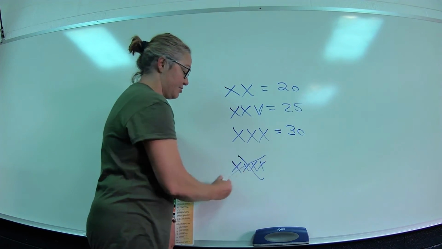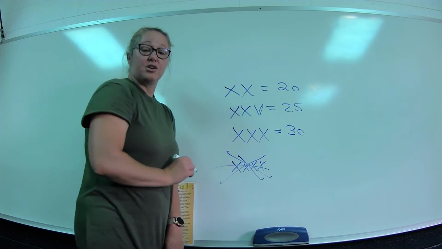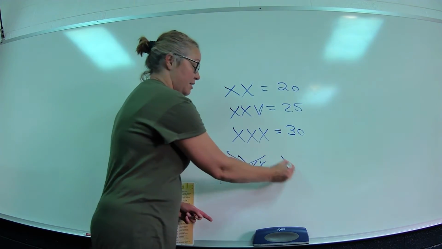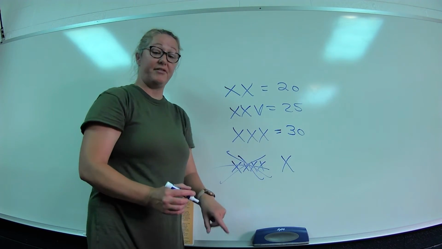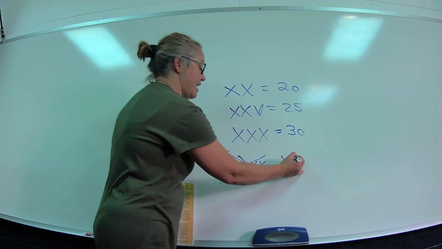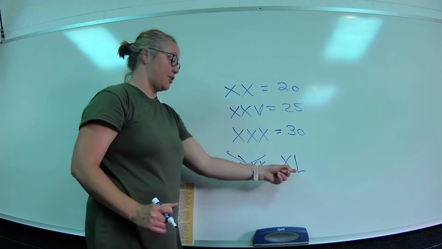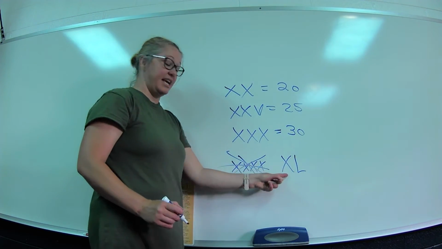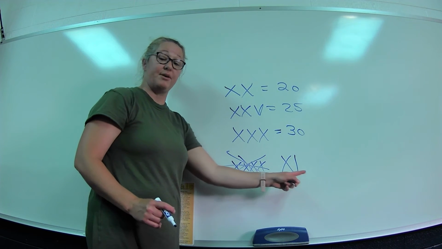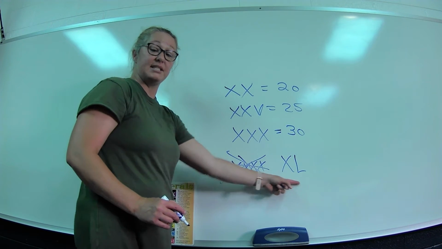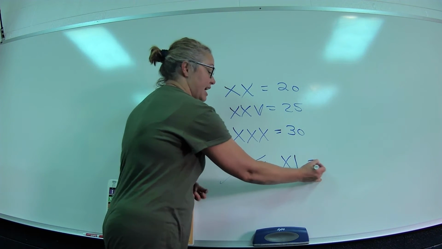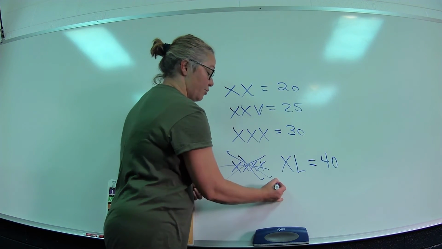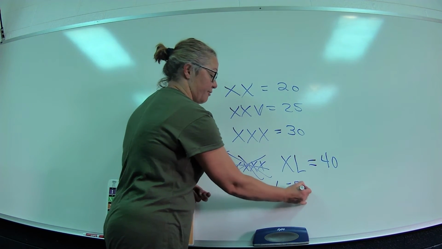That doesn't work. So I have to take 10 away from 50, and we learned that L equals 50, so 50 minus 10. Again, my lesser unit is before the greater unit, which means I'm going to subtract. So now I have 40.